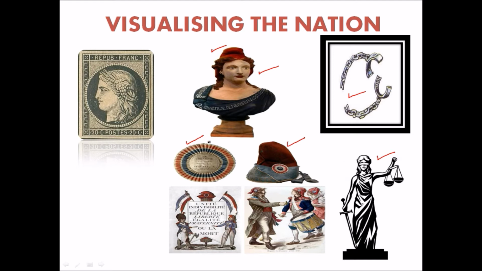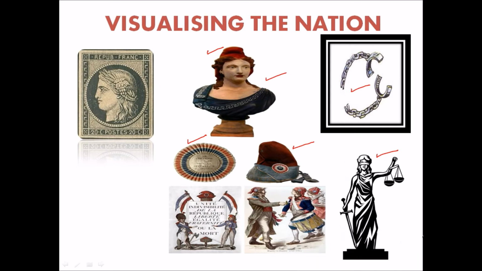The statues of Marianne were erected at various public places. This was done to remind the public of the national symbol of unity. Marianne images were also marked on coins and stamps.